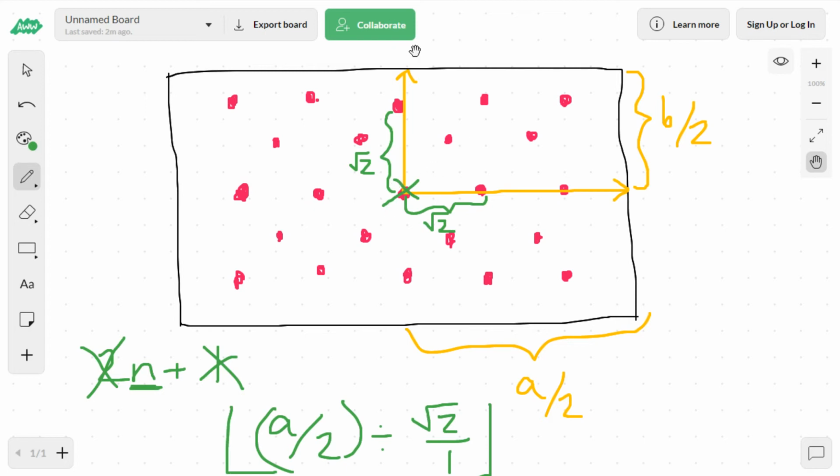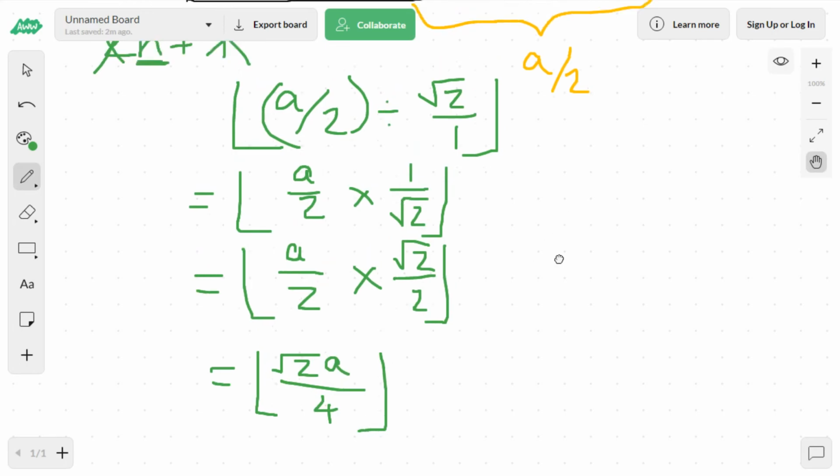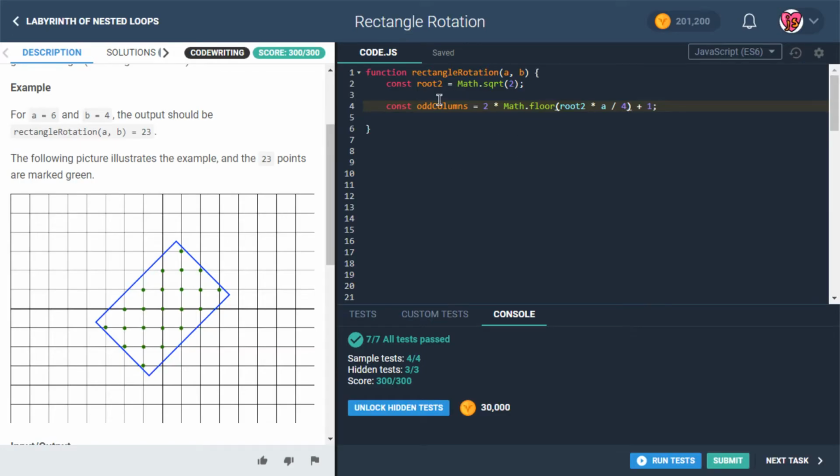We're just going to look at this side, so we don't need to worry about the 2. We're just going to take the b divided by 2, divide it by root 2, take the floor of it. So it's going to be the exact same as this, but with a b instead of an a. Okay, well, that works. So we could do something like this, right? Odd rows. And all we need to do is change this to a b. Okay, nice.